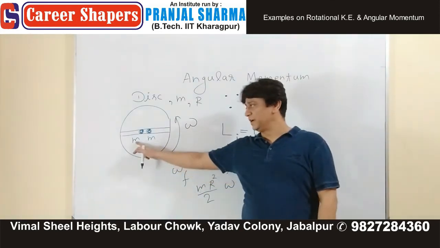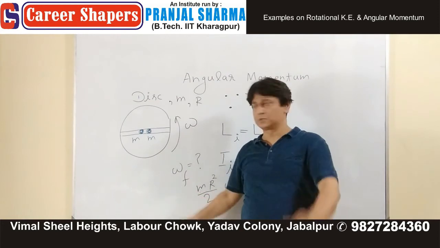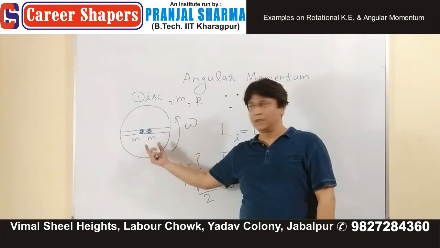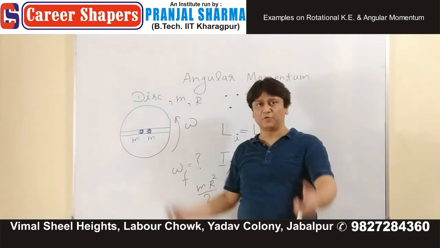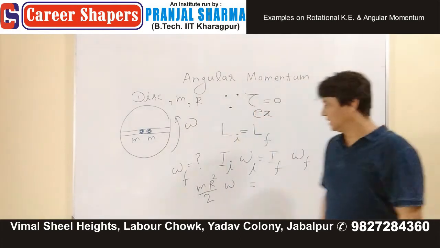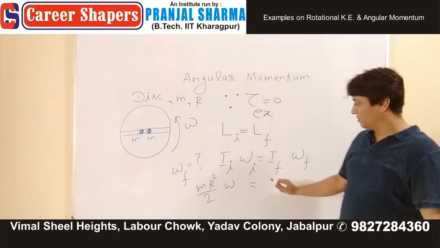These two beads or balls are very tiny and close to the axis, and therefore they have no moment of inertia in the beginning.